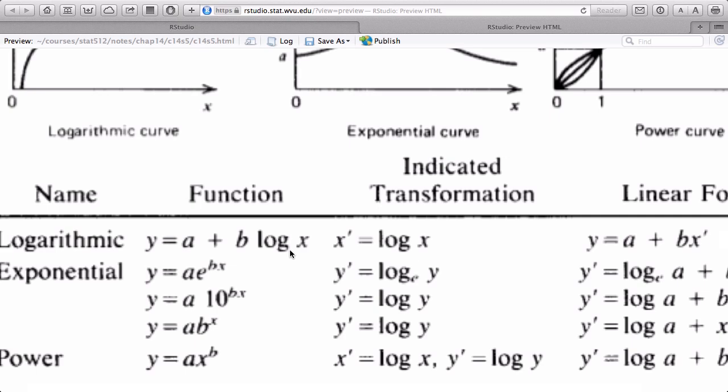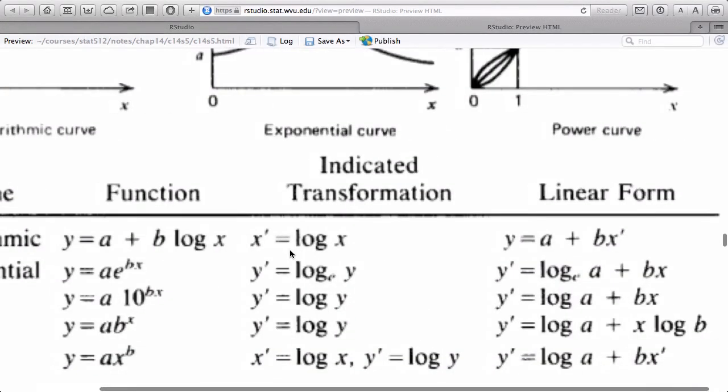Now an exponential can have several forms. y is equal to a e to the bx, or y equals a 10 to the bx, or it could be y is equal to a b to the x. Now in the first case, if I take the log of y, that will linearize it as the log of a plus bx.